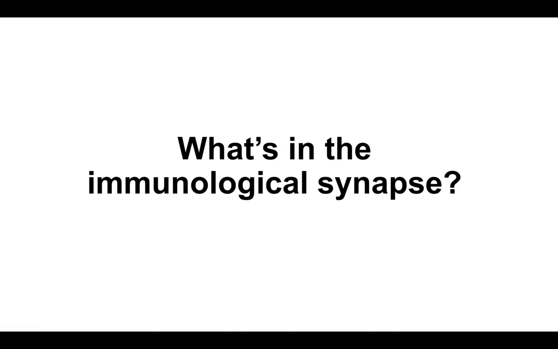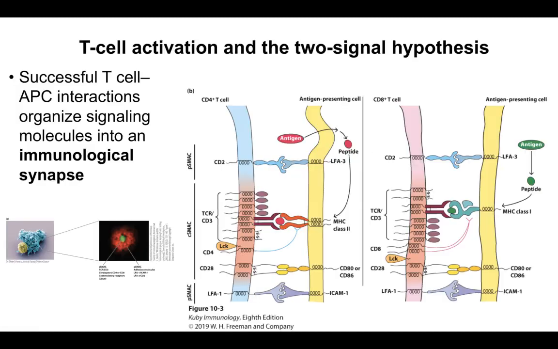What's in the immunological synapse? Inside the synapse, at the center, we have the T cell receptor, which is binding to antigen presented in MHC. If it's a CD4 positive T cell, it's with MHC class II, and CD4 is important for helping to recognize that MHC class II.